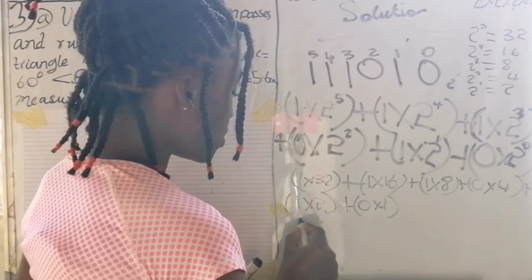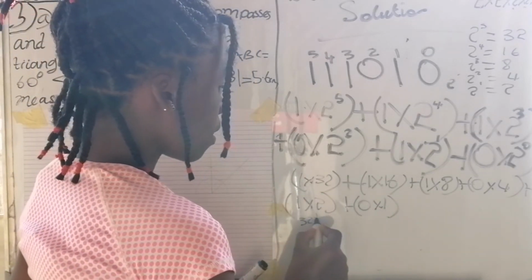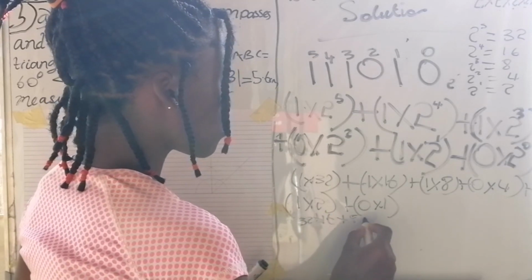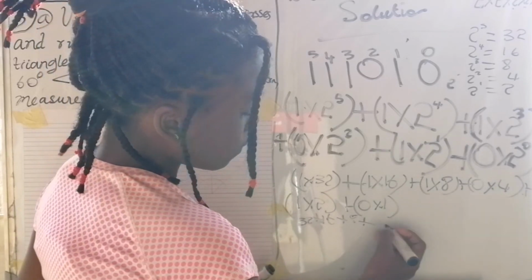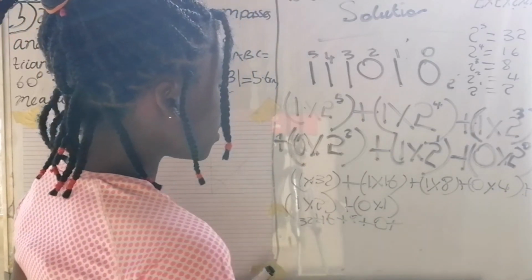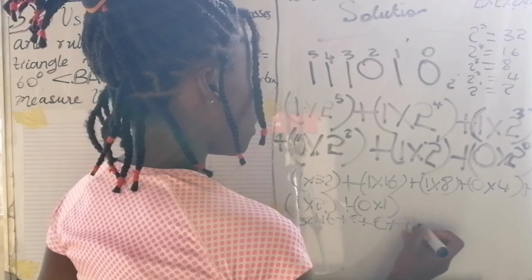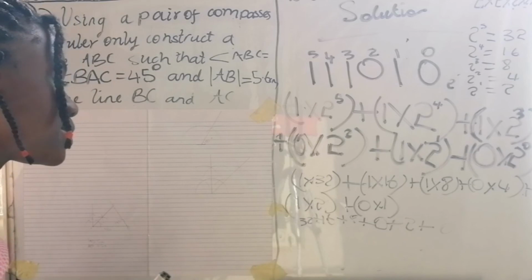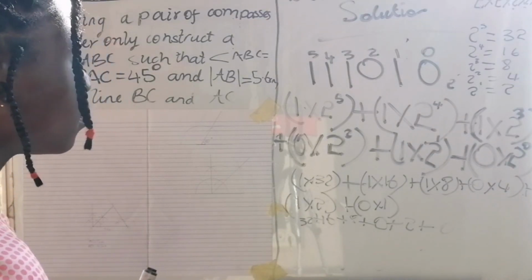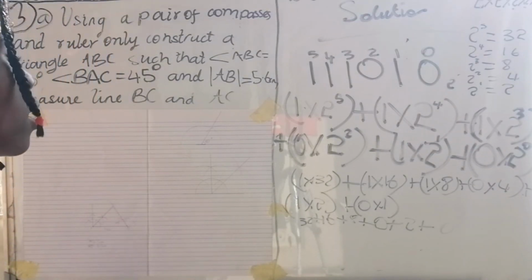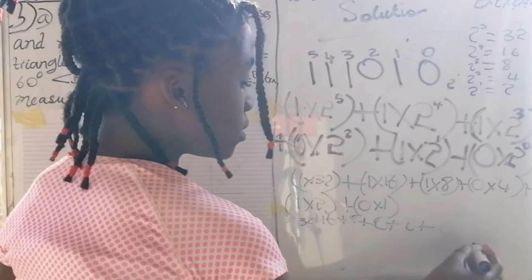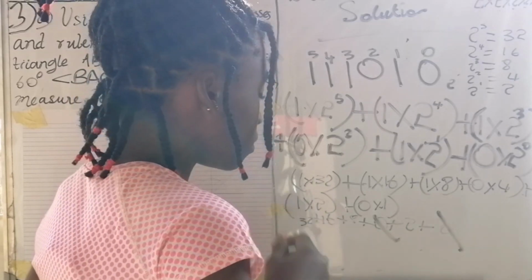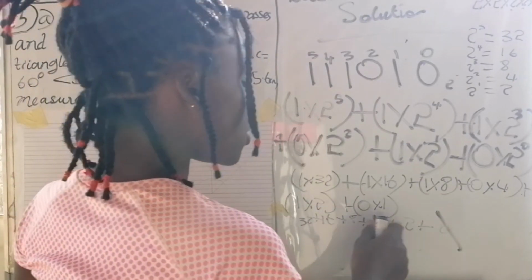So 1 times 32 is 32, plus 16, plus 8, plus 0 times 4 is 0, plus 2, plus 0 times 1 is 0. So 32 plus 16 plus 8 plus 0 plus 2 plus 0. Let's add: 0 plus 0 is 0. 8 plus 2 is 10.